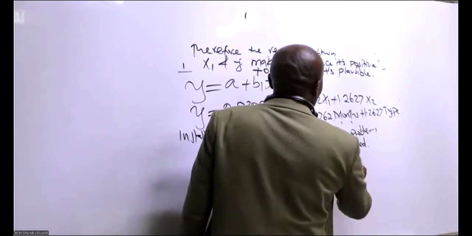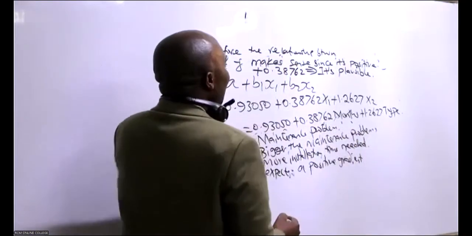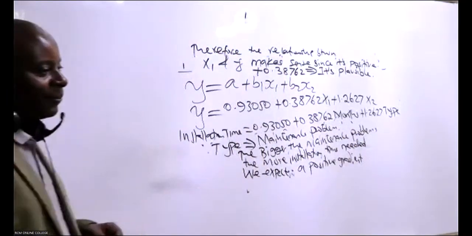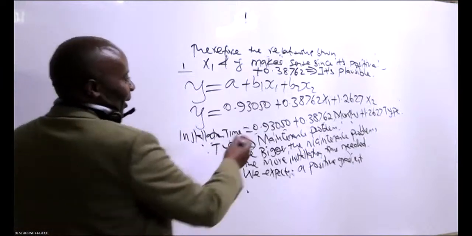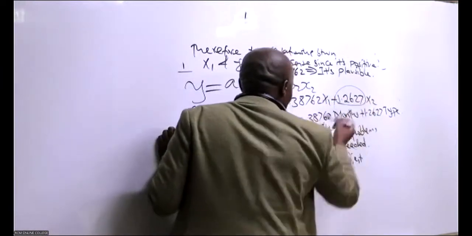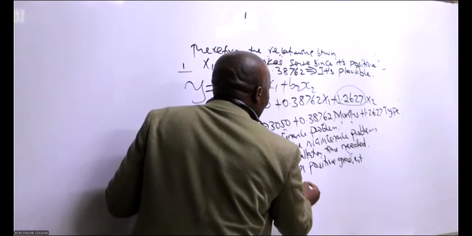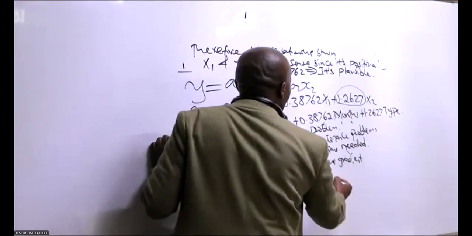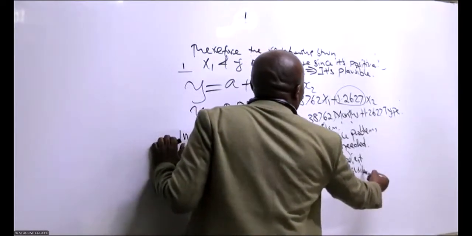Then we ask ourselves, is it actually positive? Is the B there positive? It is this B2, isn't it? And in this case B2 is actually positive, and therefore plausible.